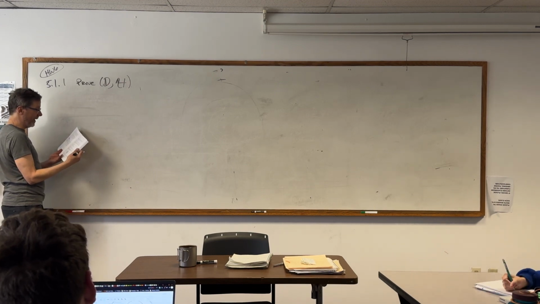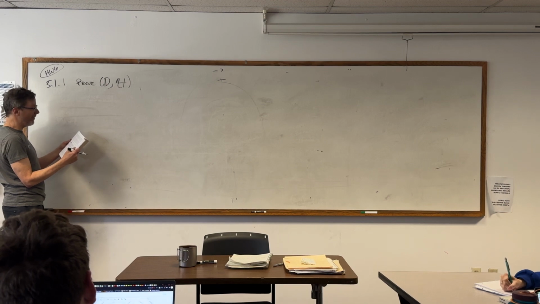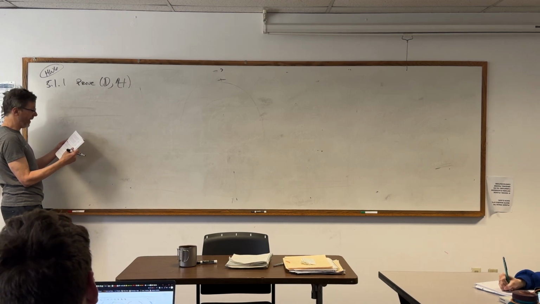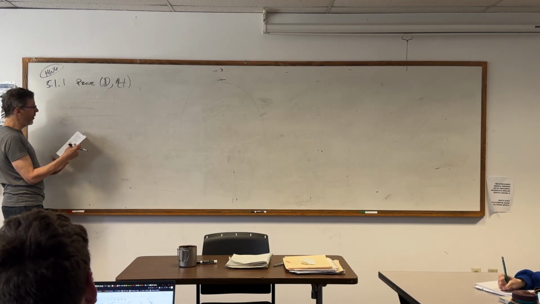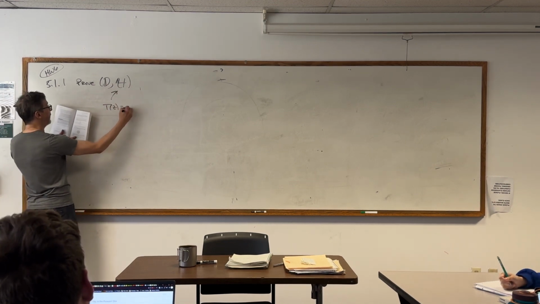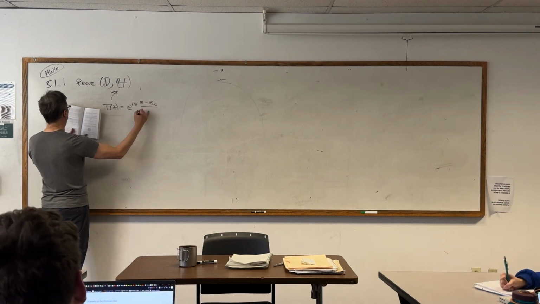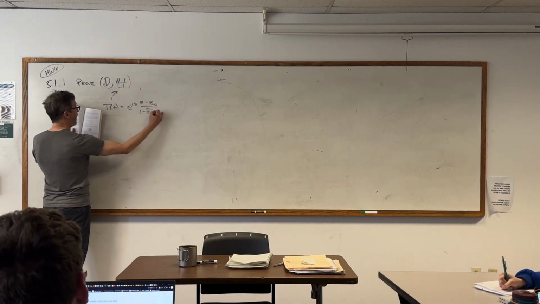And they're also given by the form on page 98, which might be helpful at some point. So please note that we do know what these things look like. Everything in here looks like this: e to the i theta, (z minus z naught) over (1 minus z naught conjugate z).